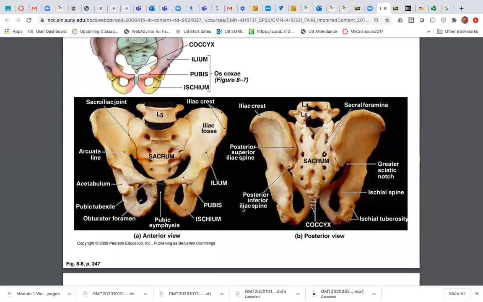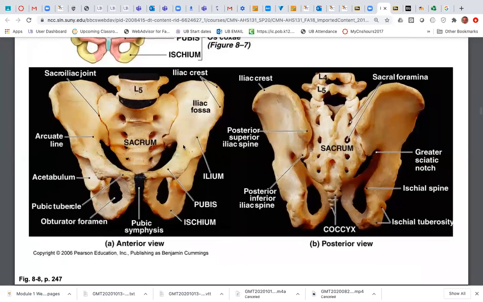This is what it looks like all together, right? So when we're looking at it from the front, here's the L5 vertebra, here is the sacrum, here is the iliac crest. On the inside is the iliac fossa.